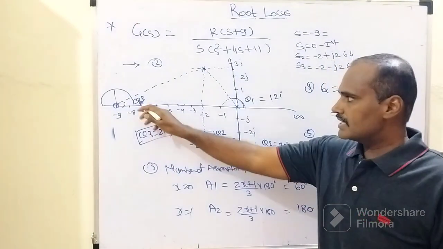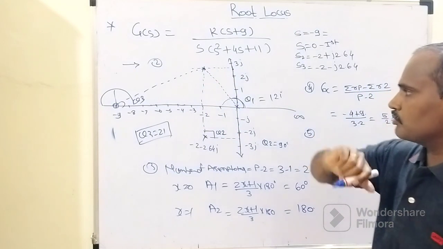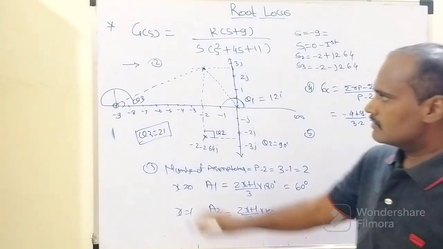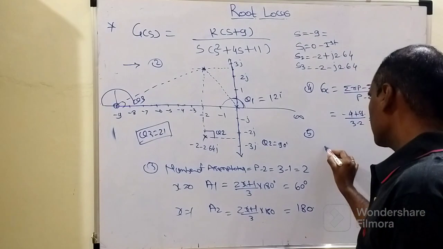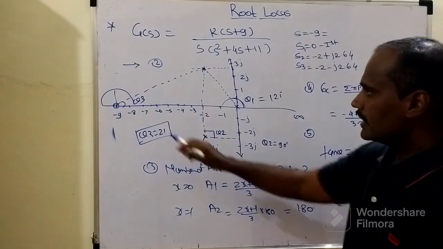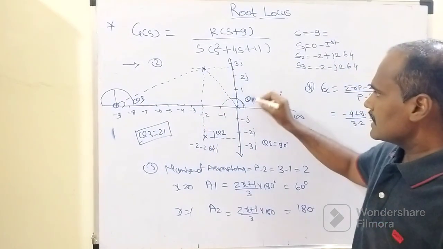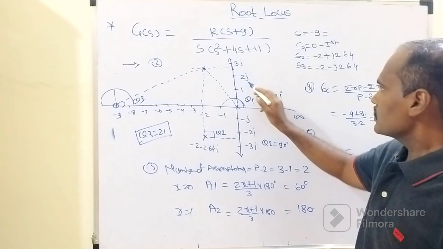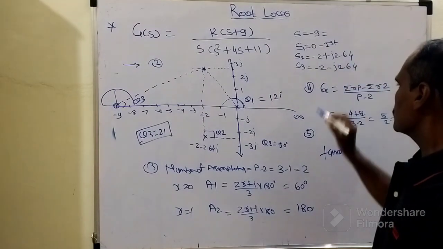As far as this phi 3 is concerned, phi 3 is nothing but the angle made by this zero with respect to this pole. In order to determine this phi 3 with the tan method, tan theta equals what? Its opposite side. The opposite side is this height, which equals plus 2.64.